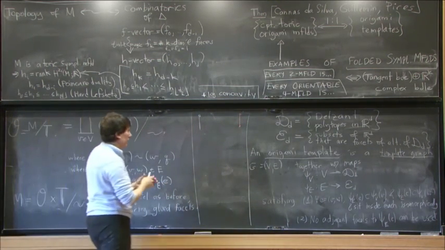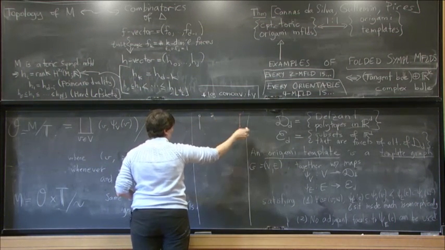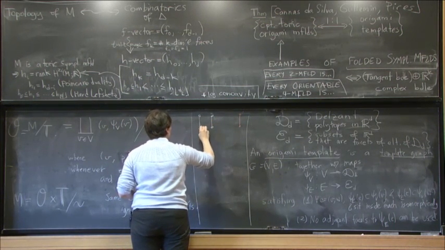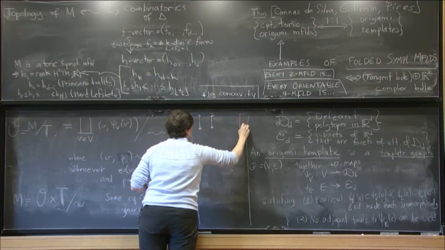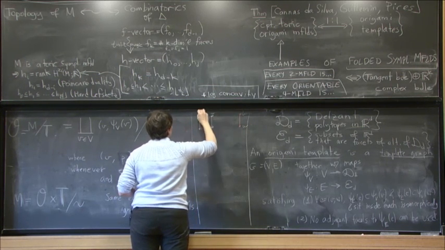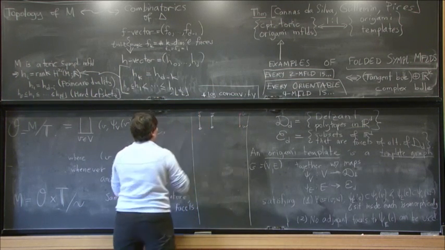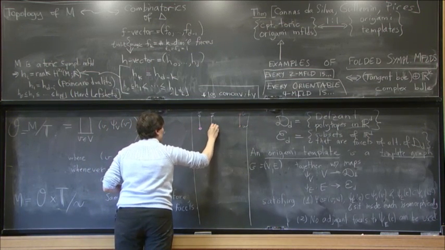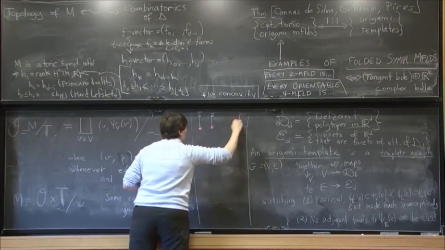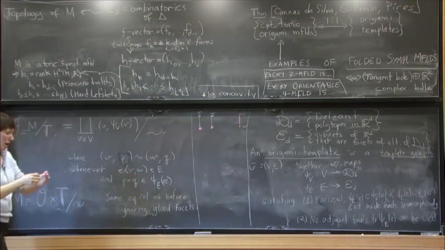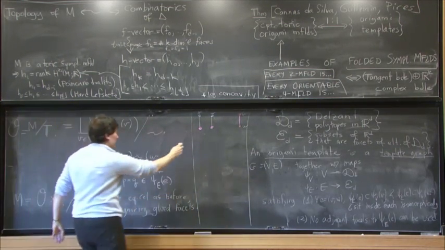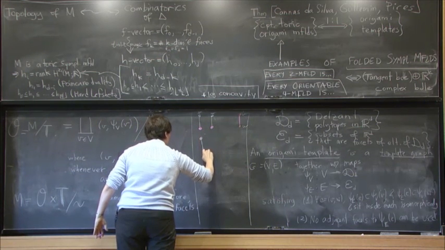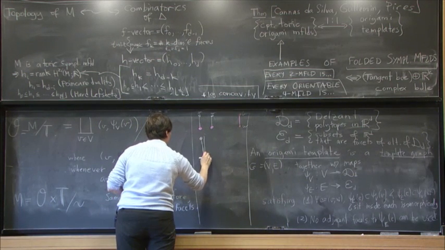My information is these are my two polytopes. Let's call this VW. This is the polytope for W. This is the polytope for V. And then the facet for that edge is going to be this. And so my orbit space, my origami template, I can think of as this.